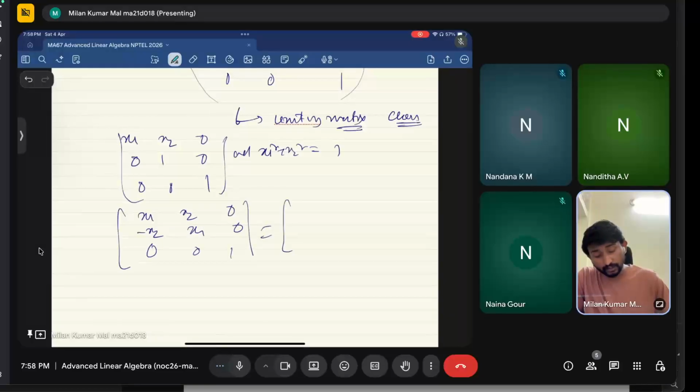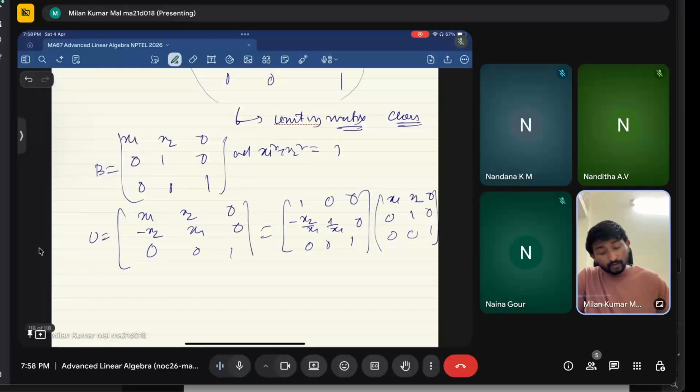If this is b, then the lower triangular matrix is 1, 0, 0; minus x2 by x1, 1 by x1, 0; 0, 0, 1, with the standing assumption that x1 is not equal to 0.